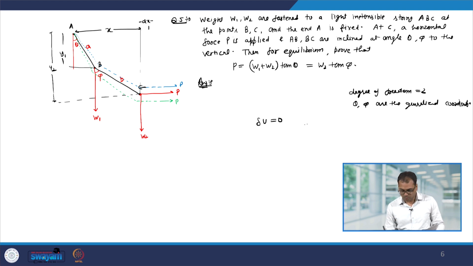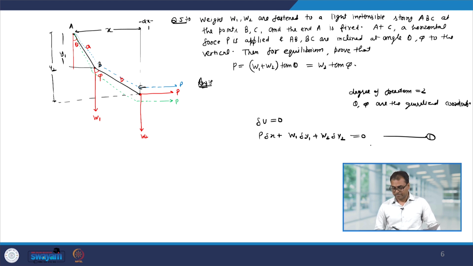Therefore, du will be p dx plus, because of w1, let us say the virtual displacement is dy1, and because of w2 the virtual displacement is dy2, and this has to be equal to 0. Let us call it equation number 1. Now, again note that this dx, dy1 and dy2 we have to write down in terms of the generalized coordinates, so therefore, in terms of theta and phi.